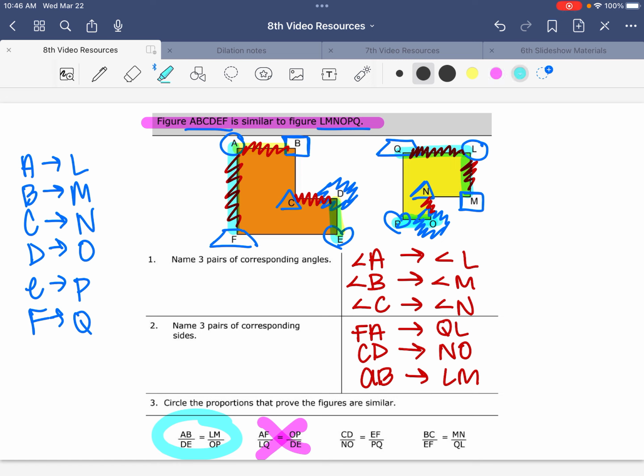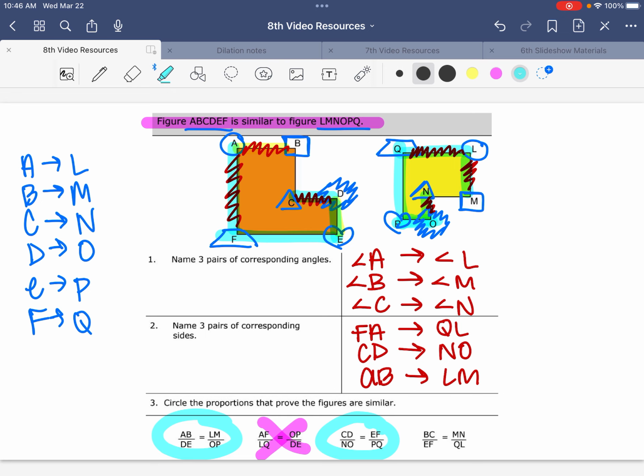Now we're looking at CD over NO, and then EF over PQ. And those do prove because they're corresponding and they're in the correct order.